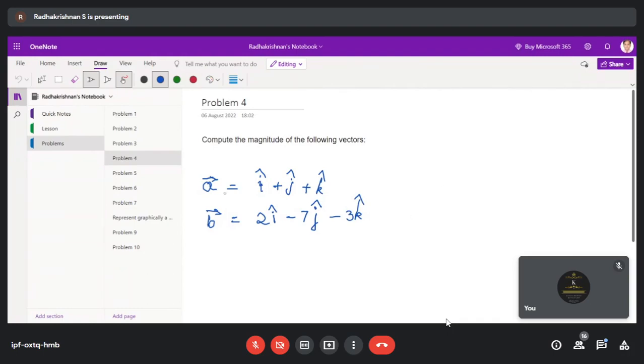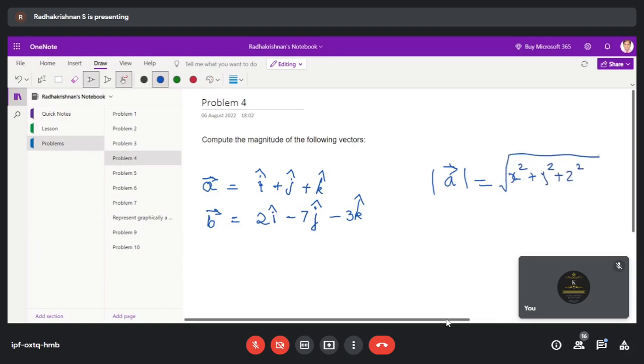We already saw, vector is given in terms of the 3 components. Then its magnitude is equal to square root of x square plus y square plus z square.